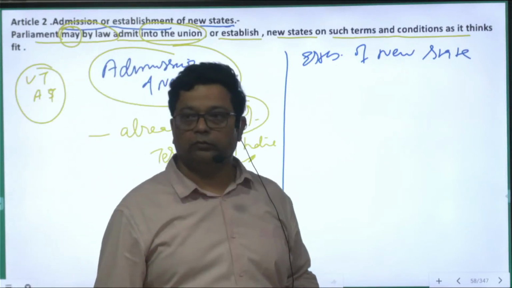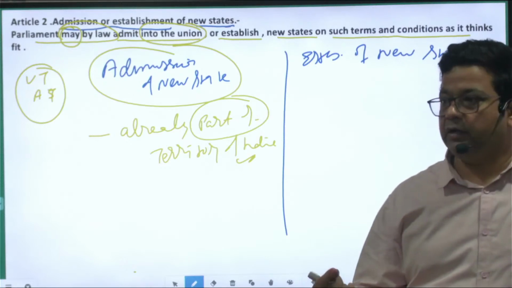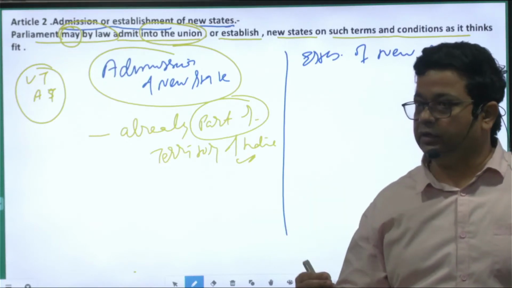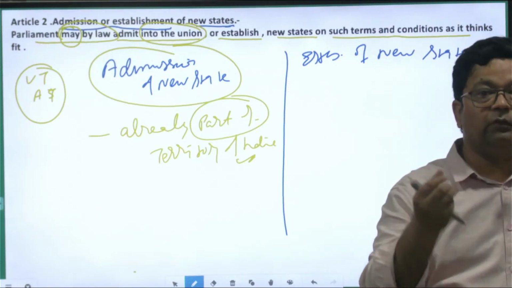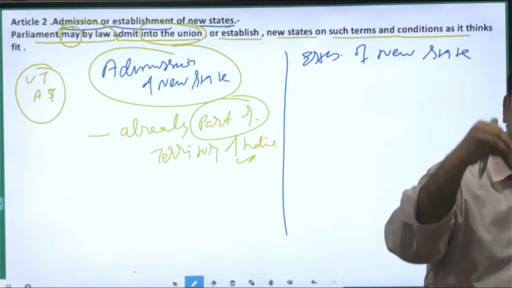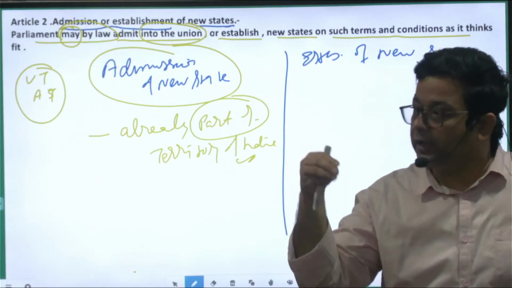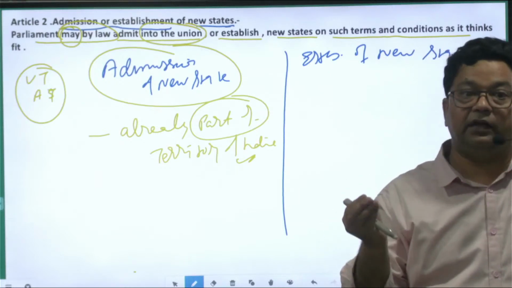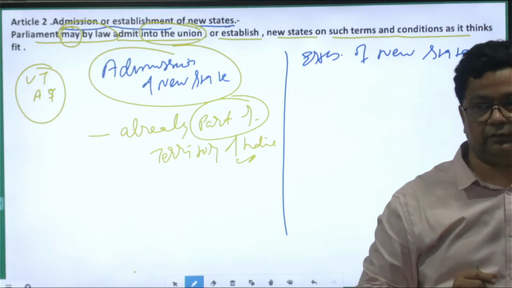Yes or no? So if the parliament wants to give any UTs or acquired territories what? Statehood. Include into the federal structure. Include into the union of states. So that they can do by using Article 2 of the constitution.